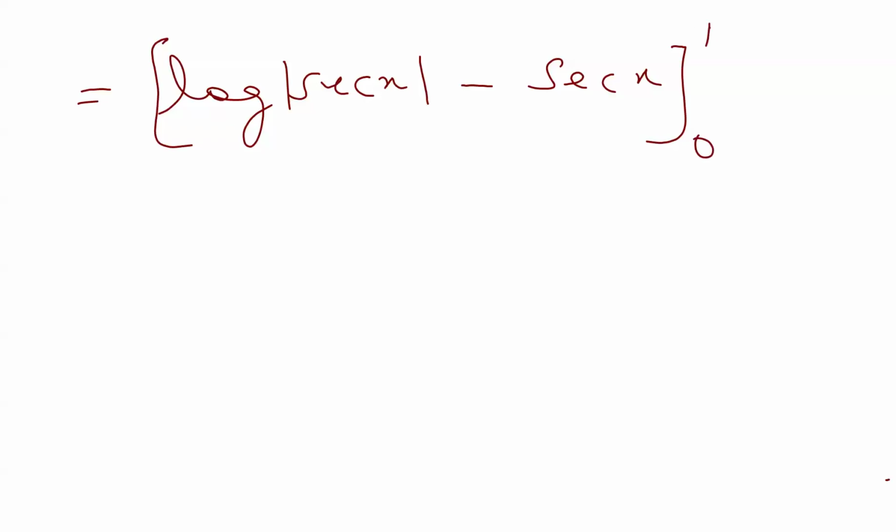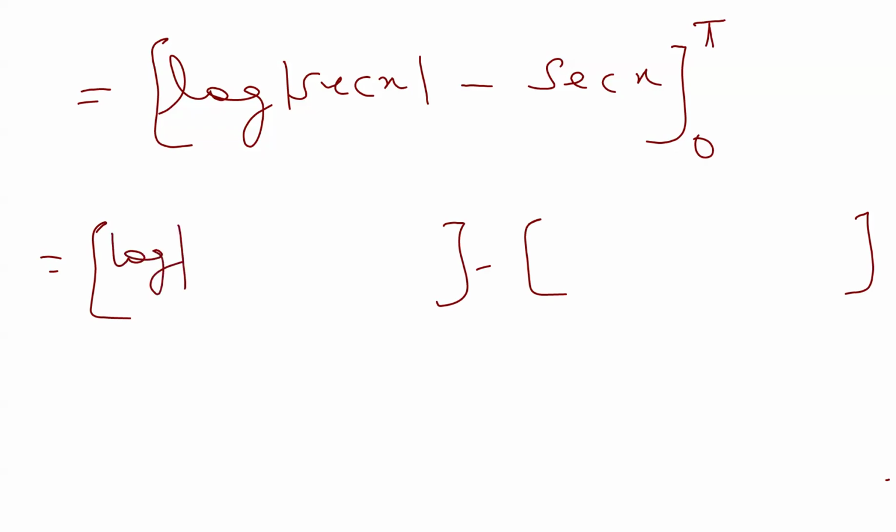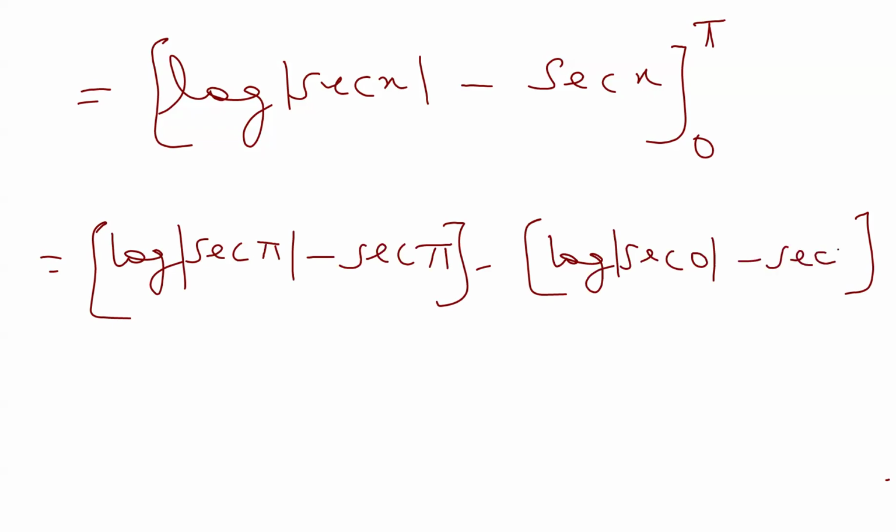From 0 to pi, box minus box. Log mod sec pi minus sec pi, minus log mod sec 0 minus sec 0.